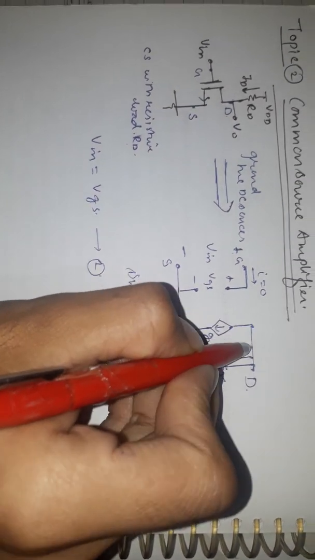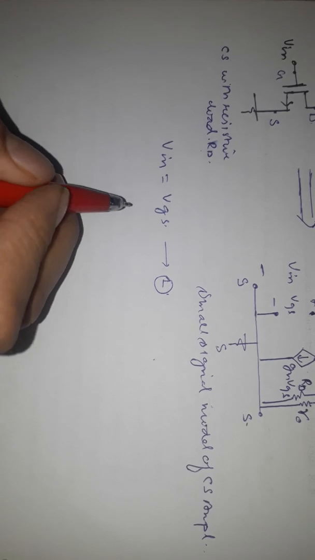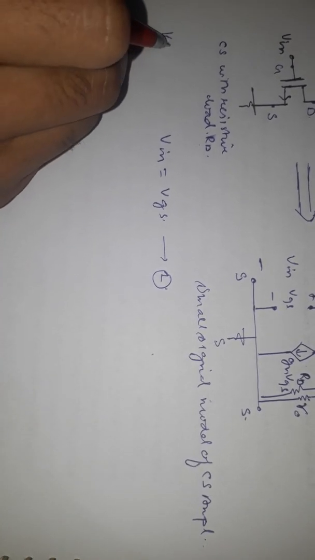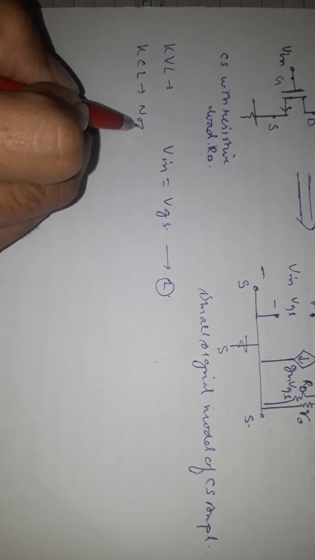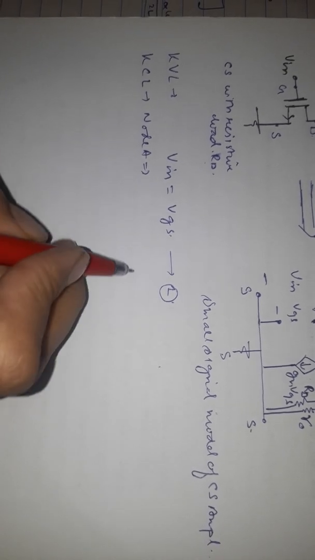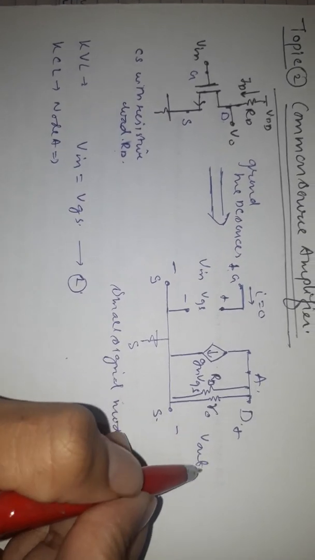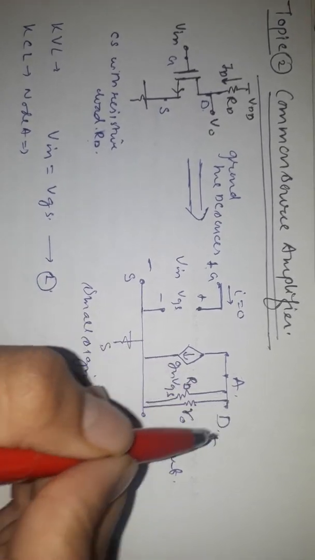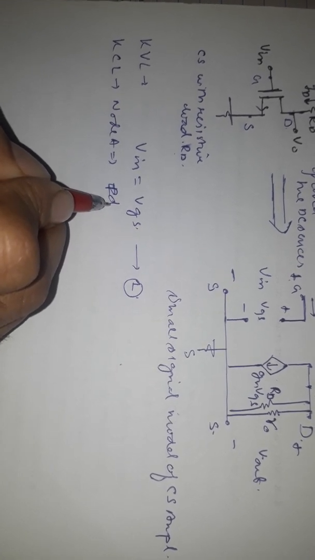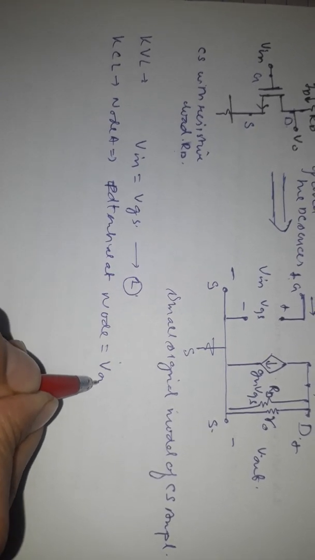Okay, let us consider this as point A. Applying KVL at input and applying KCL at node A at the output section. From this, the potential at this node A is equal to Vout.